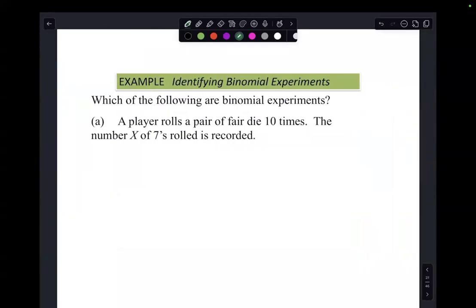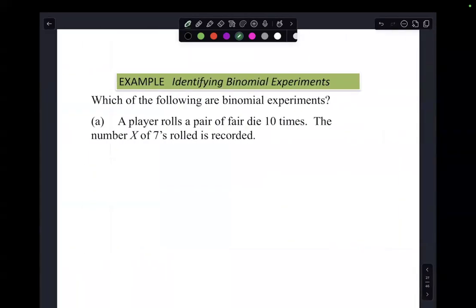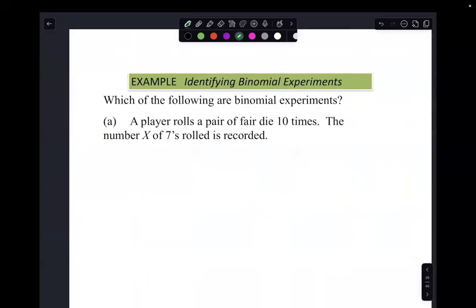So we're going to take a look at these and find out if they're binomial experiments and why they aren't if they're not. So a player rolls a pair of fair dice 10 times. The number X of sevens is recorded. So is it a fixed number of trials? Yes. He rolled it 10 times. So what's the next thing we're looking for? Are the trials independent?